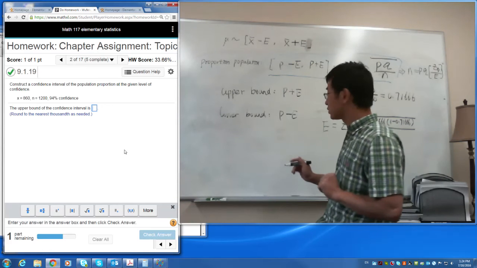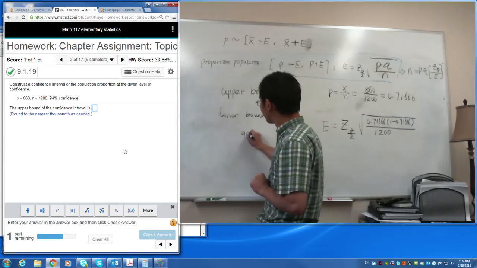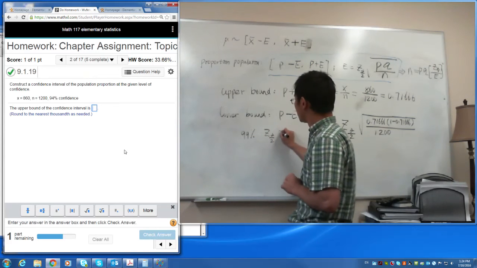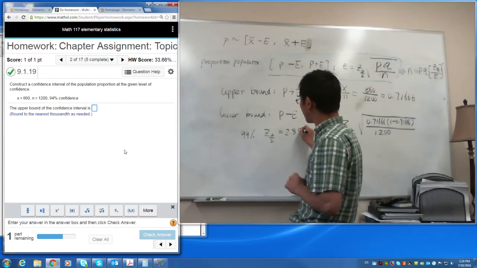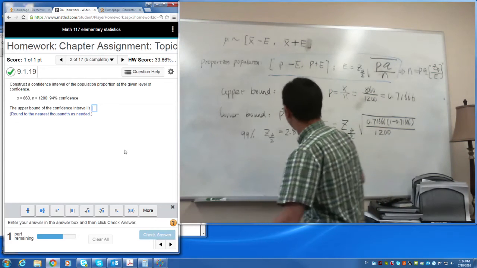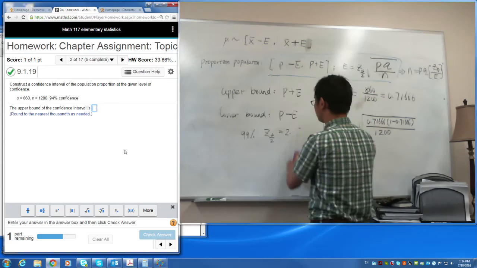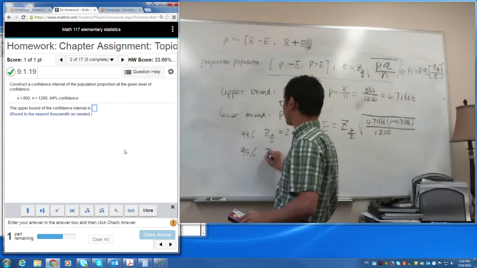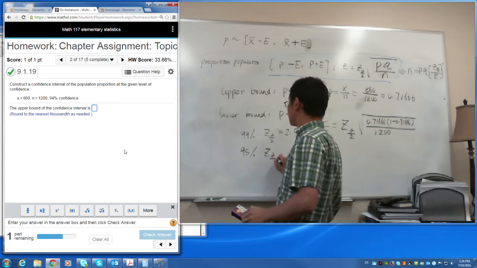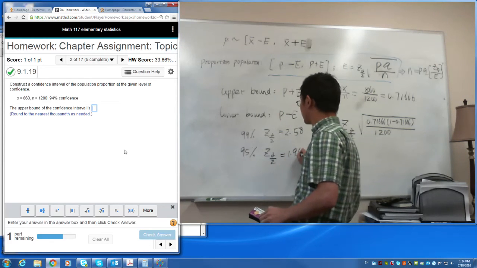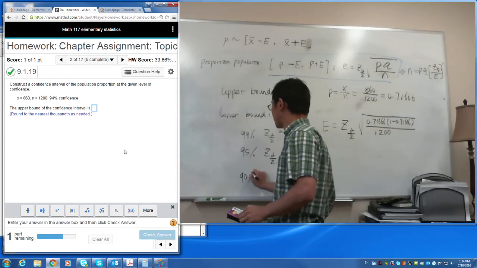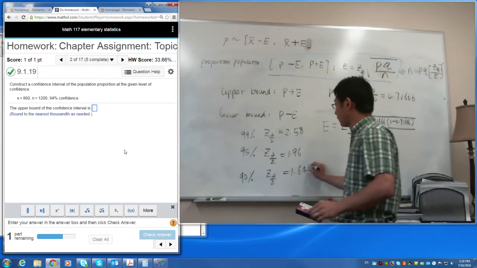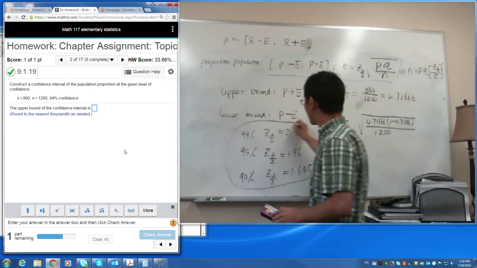But 3 normally used ones: if it's 99%, Z alpha over 2 is 2.58. 95%, Z alpha over 2 is 1.96. And 90% confidence interval, Z alpha over 2 is 1.645. Okay, these 3 are very commonly used.